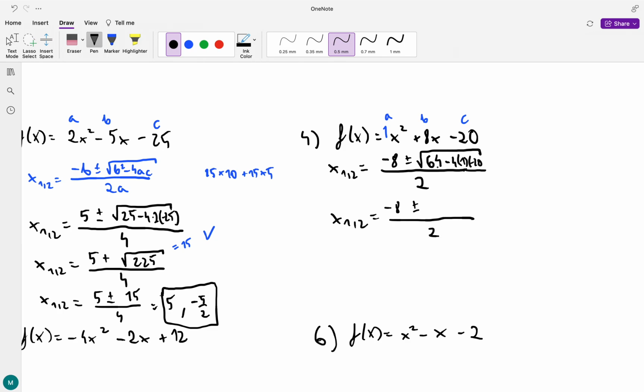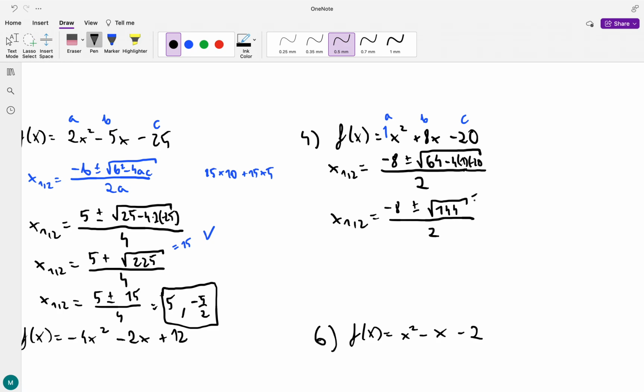And then we have 64. And then let's figure out what this entire expression is. So we got negative 4 times 1, that's negative 4, times negative 20. It seems that it's positive 80. So positive 80 plus 64 is 144.